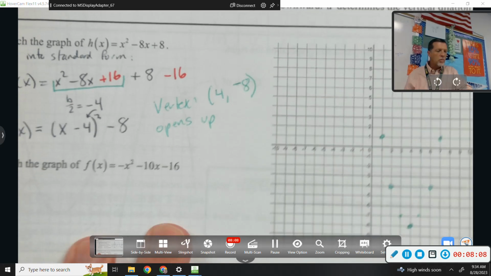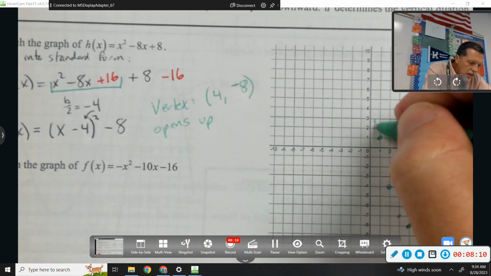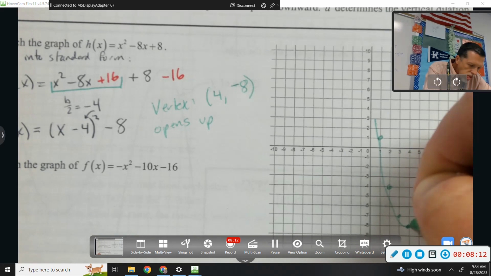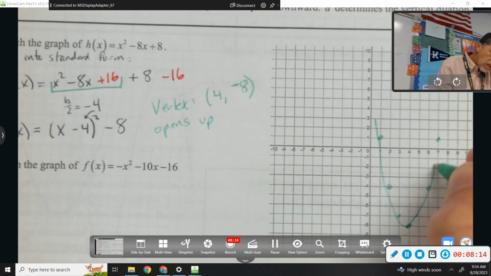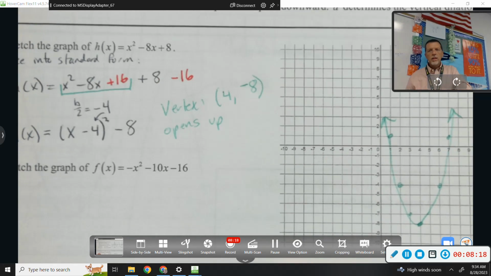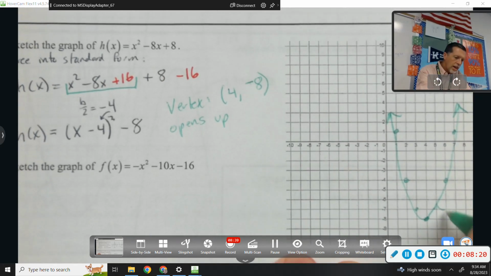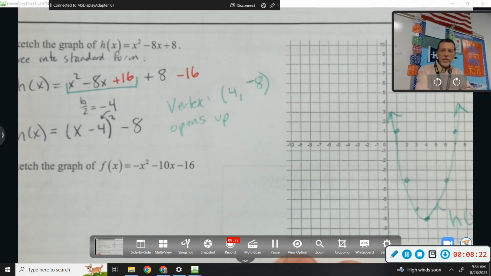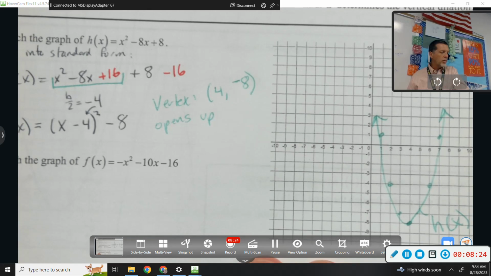At some point they're off the graph. And so there's my h of x. I'm labeling it h of x because I'm also going to graph the next one on the same graph.